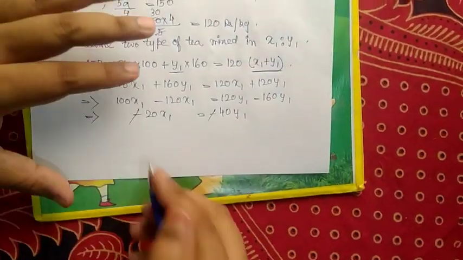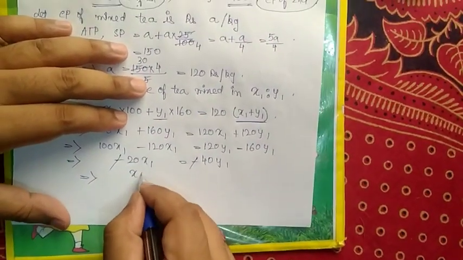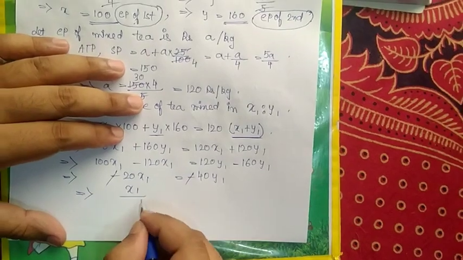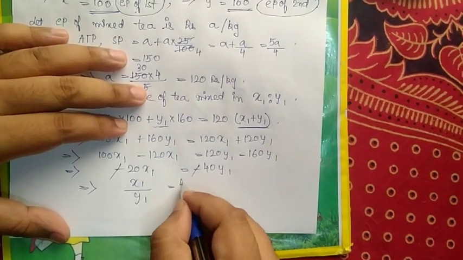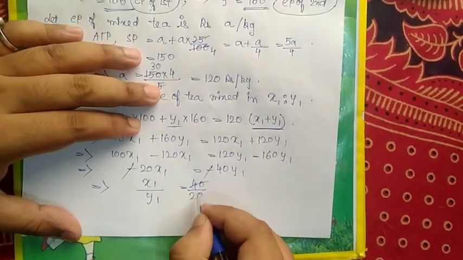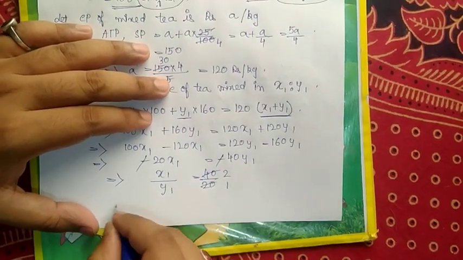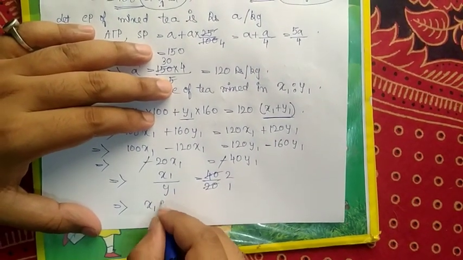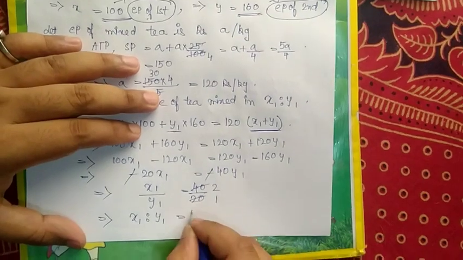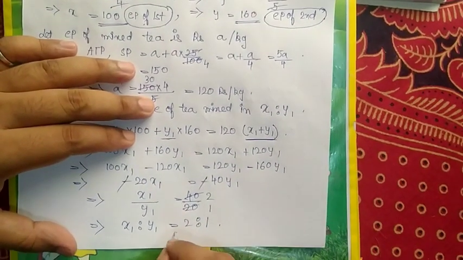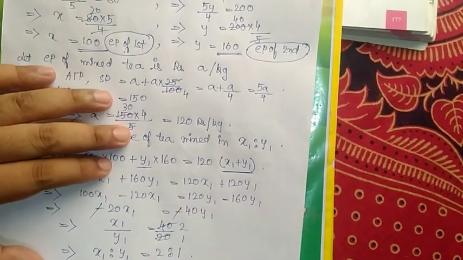Eliminating these two minus signs and cross multiplying, x1 by y1 equal to 40 by 20. So the mixed ratio of first type of tea and second type of tea is 2:1, the required ratio.